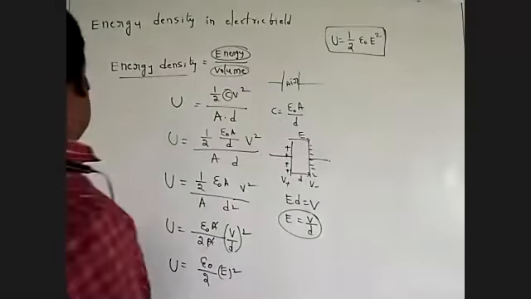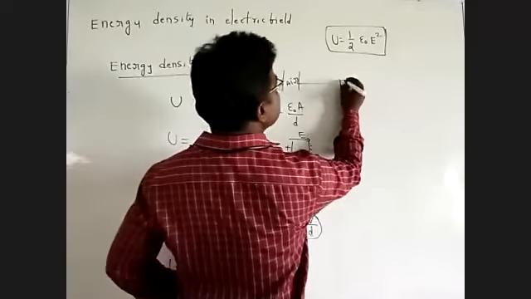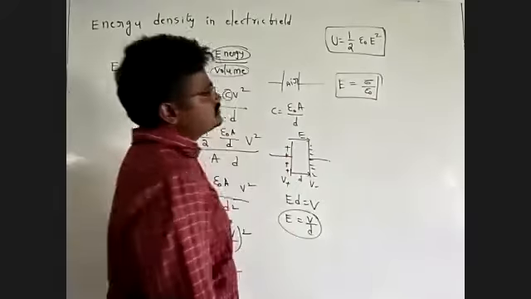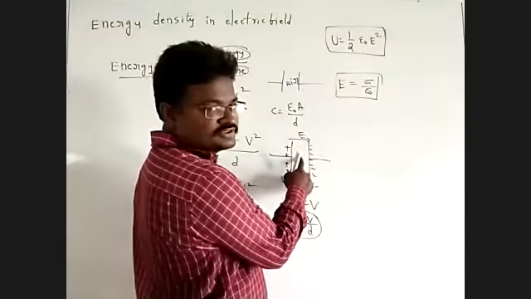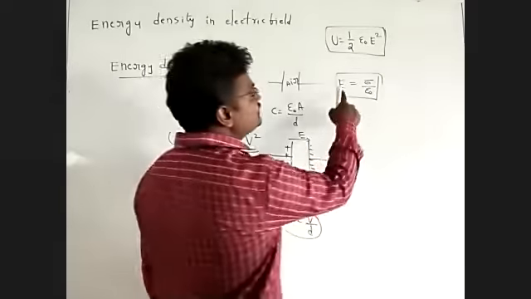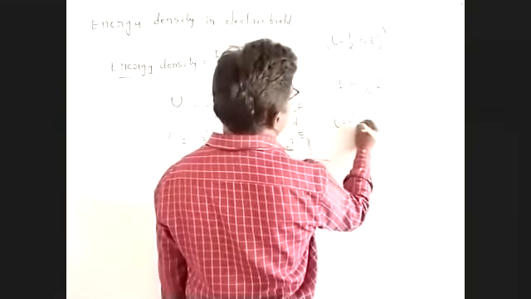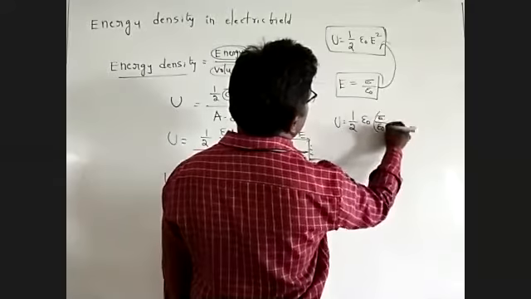Okay. We know E is equal to sigma by epsilon naught. Here, electric field between the two plates is E is equal to sigma by epsilon naught. That value is put in this equation. U is equal to 1 by 2 epsilon naught, E means sigma by epsilon naught whole square.